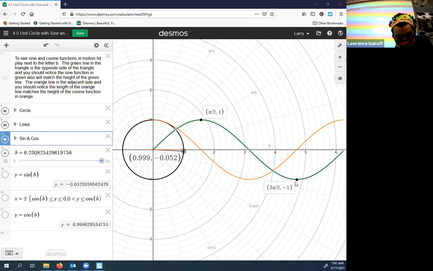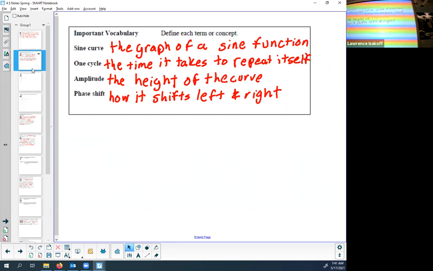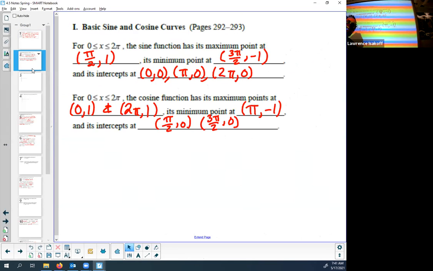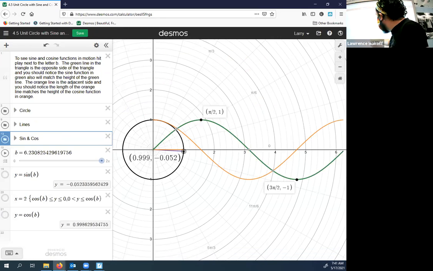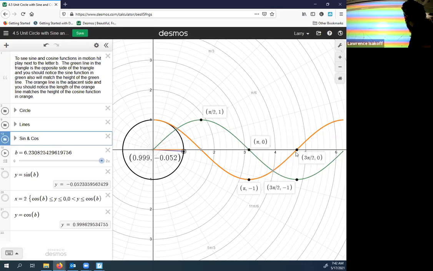If I go back and look at the notes, when I ask what's the max and min of my sine curve, we see that they match exactly. If I were to click on my x-intercepts, I'm not all the way there on that one yet, but again, my x-intercept seems to match up. I start clicking on cosine, I again see similar information matching up.